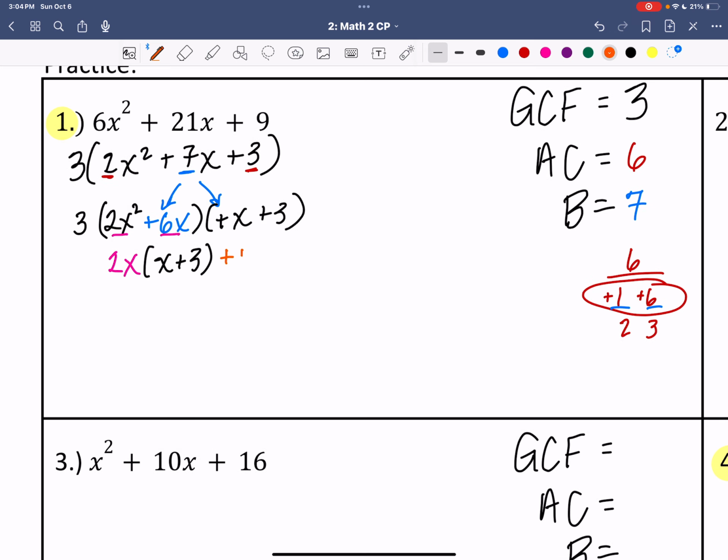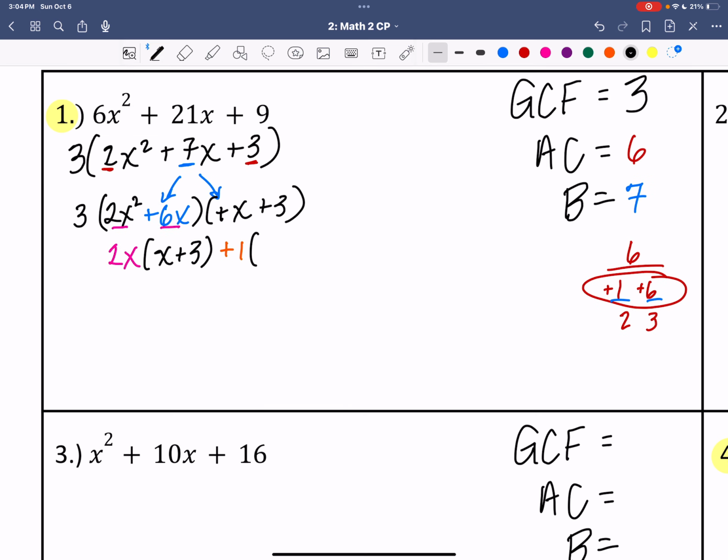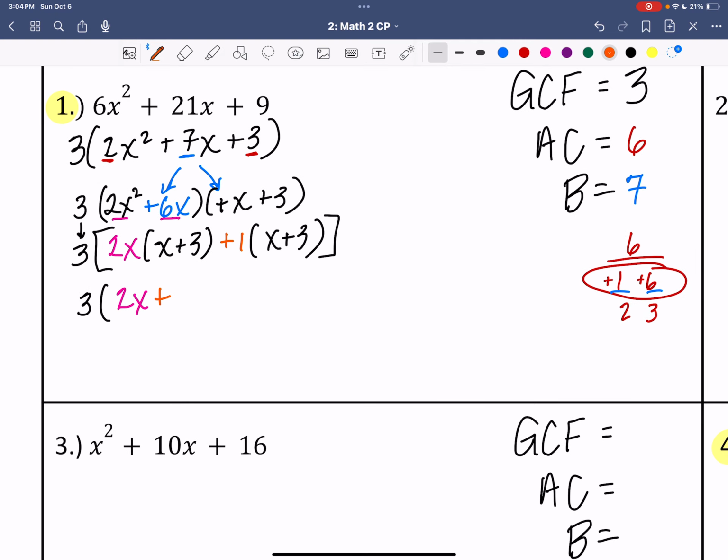Well, there's really nothing to factor out except for a positive 1. And we do need another term, so make sure you write that 1 in there. All right, and then lastly, don't forget to bring this 3 down from before. All right, let's put it all together. I've got 3. I've got 2x, because it's outside the parentheses, plus 1.